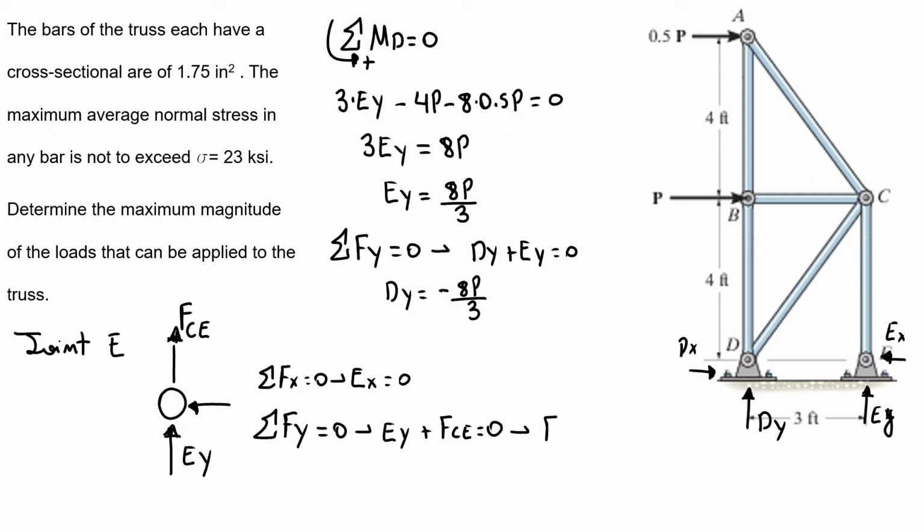So I have my force CE is minus 8P over 3. In the last slide I'll copy every member force we found to find our maximum load P. So here it is in compression. Since the question is not making the differentiation between compression and tension, we're gonna use the same value. Now we have this member force.